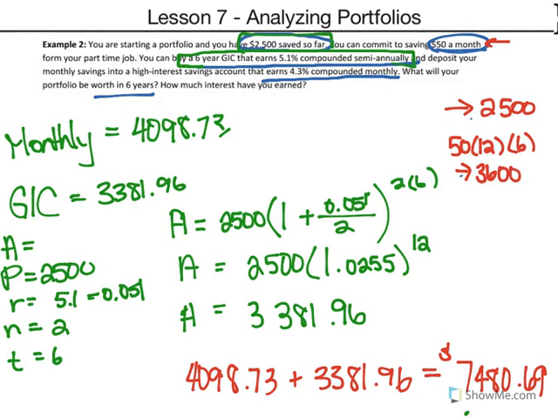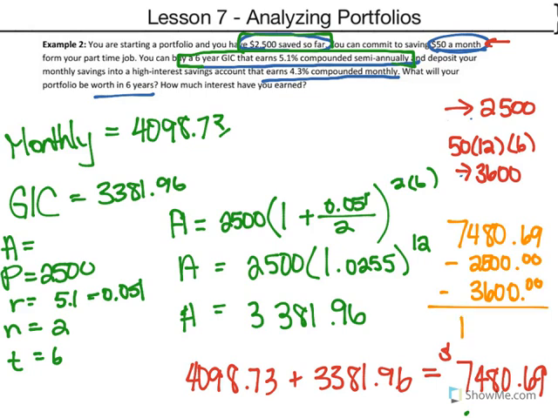So to figure out how much was interest, we take 7,480.69, subtract $2,500, and subtract $3,600. And you should get $1,380.69. So that is how much interest you earned.